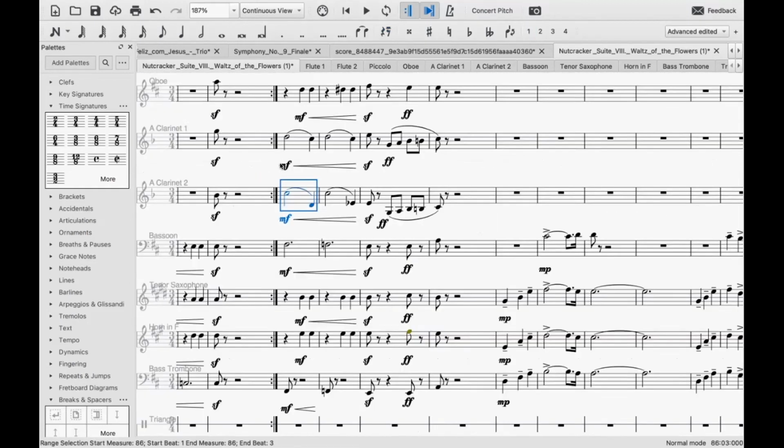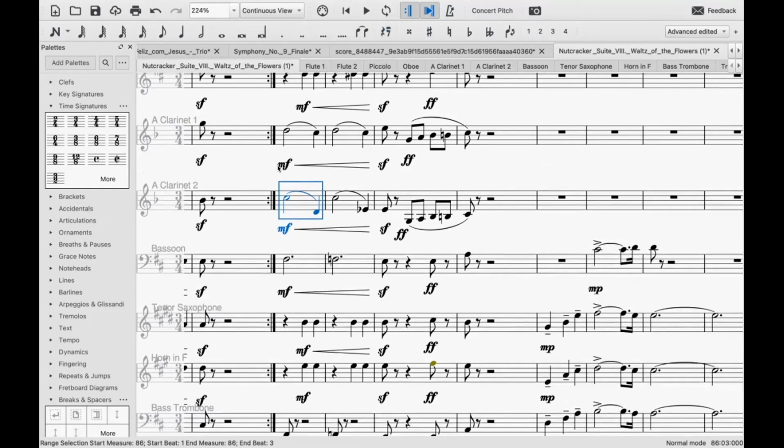So this is sforzando, mezzo forte. This is sforzando again, and then we have fortissimo, and here is mezzo piano. So this is the dynamic of the music.